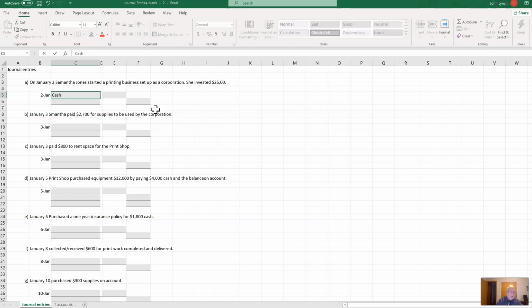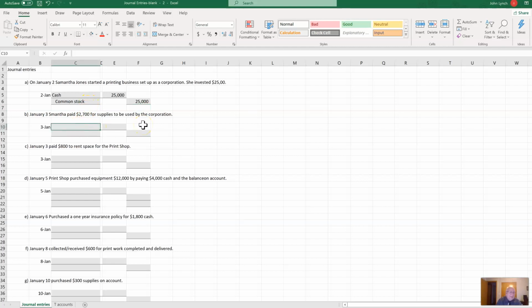Okay, so we have cash, and that will be for $25,000. And then set up as a corporation, so Samantha is going to receive common stock, and that will be for $25,000. Okay, so both of those increased, and that's what we want to show: a debit to the asset and a credit to the equity account, common stock.